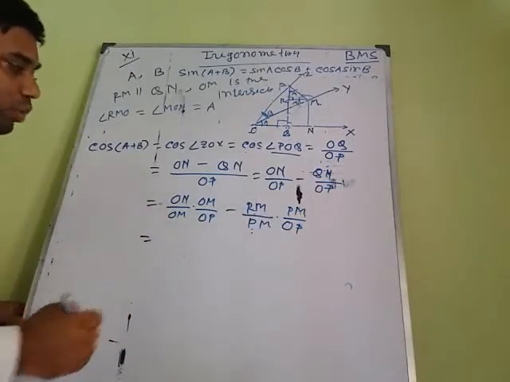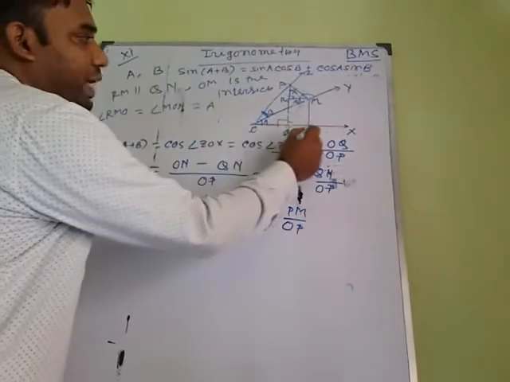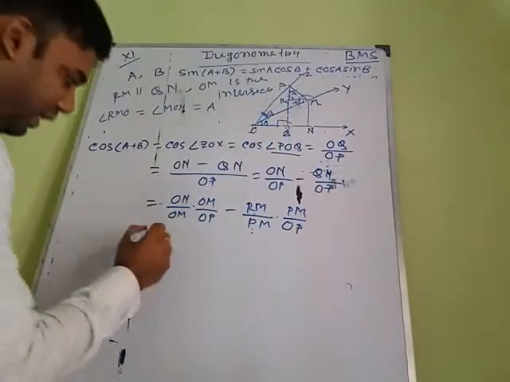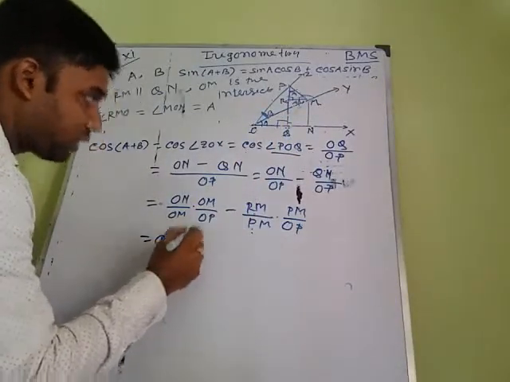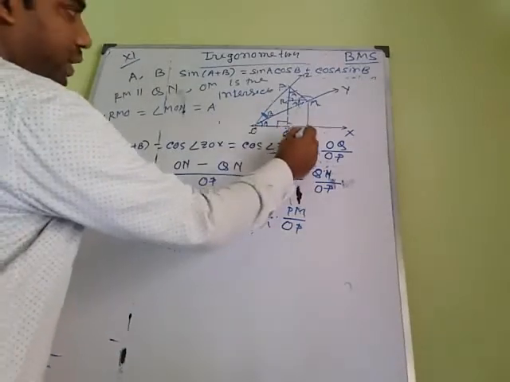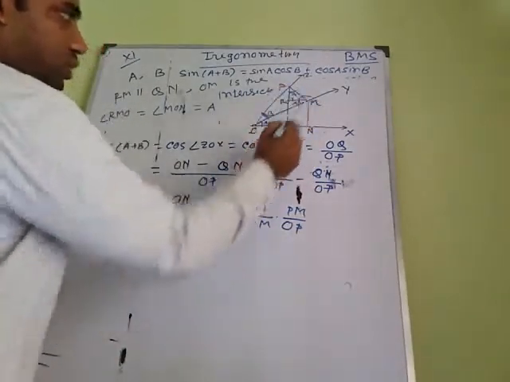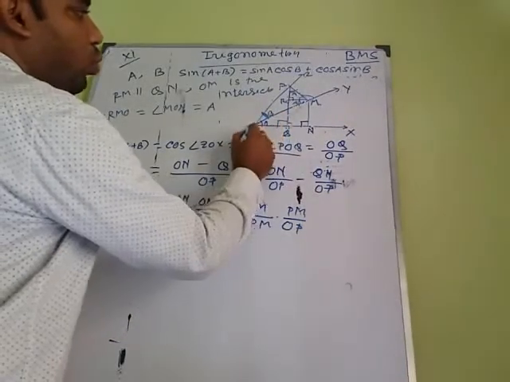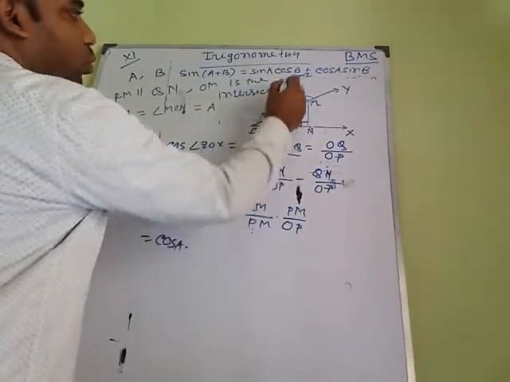Now ON by ON. If you take that angle, that is cos A, ON by ON, base by hypotenuse. This one is 90 degrees into OM by OM by OP.